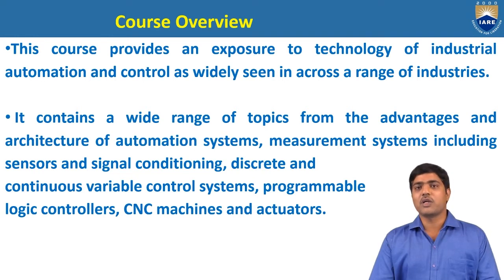Upon receiving this data, at the next level we are going to perform some control actions based on the measurement data. For this purpose, we have a variety of controllers, and not only normal controllers, here we have the programmable logic controllers also. Based on the control input from the programmable logic controllers, we are going to operate CNC machines or actuators.